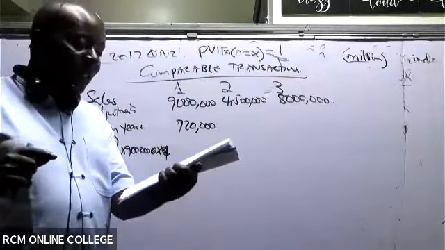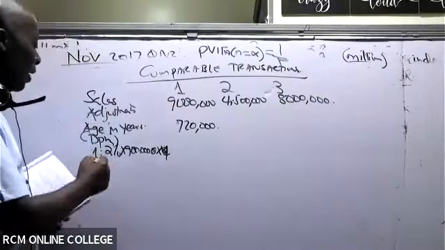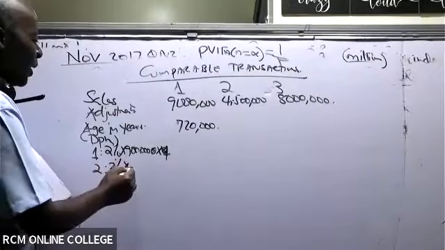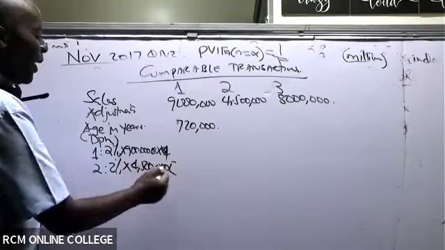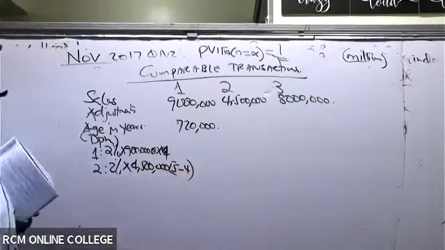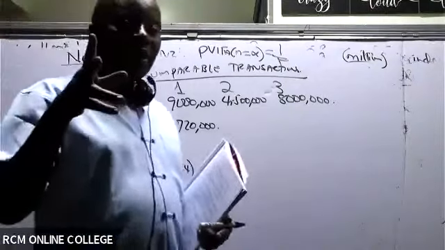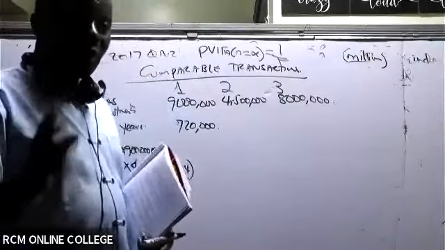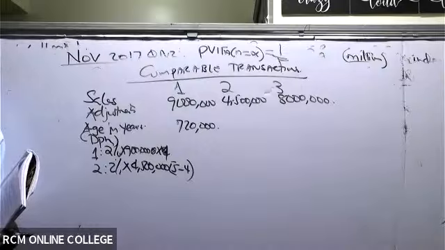For you to understand better, look at property 2. What do we have there? Property 2 will be 2% times 4.5 million, with an age differential of 5 minus 4. It's good to write like this for your revision, because my property is 5 and property 2 is 4 years old. Remember, I'm looking at a decreased depreciation.